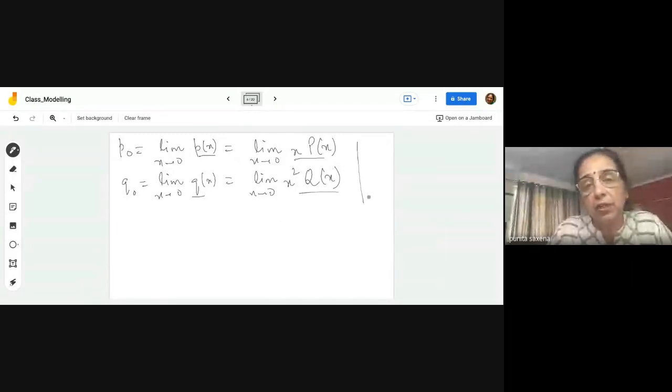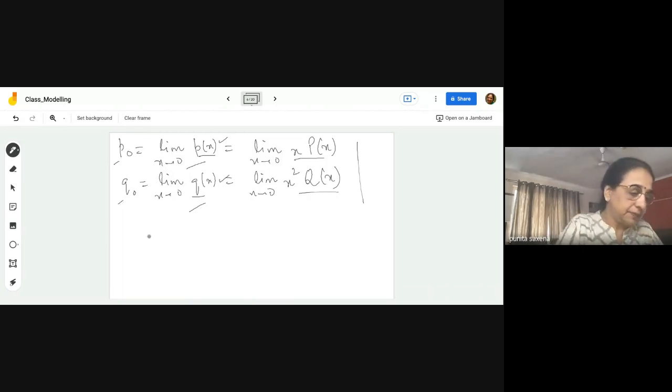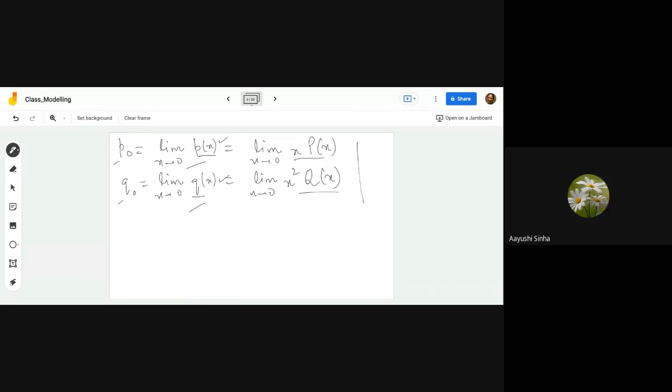Either way is right, but follow one way so that you will not forget it. I would prefer to identify your small p and small q: write your differential equation in the standard form, identify small p, identify small q, evaluate them at 0, and get your p naught and q naught. Is this clear?